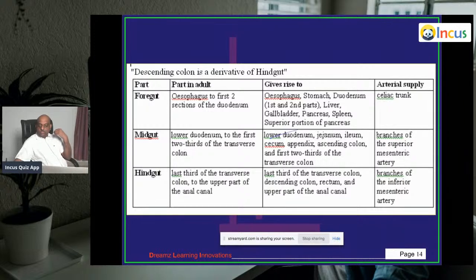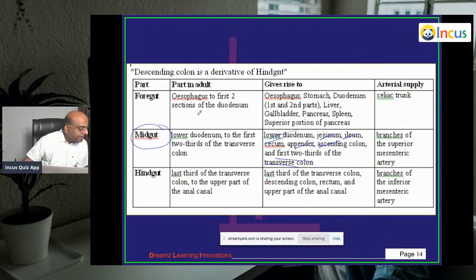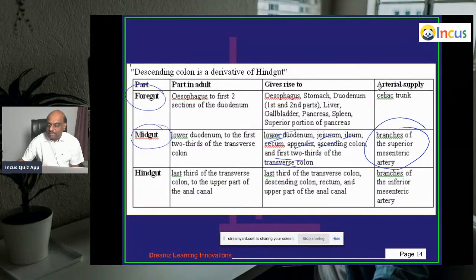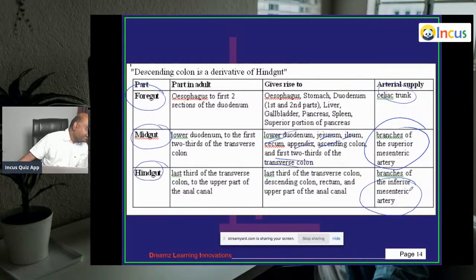So lower duodenum, jejunum, ileum, cecum, appendix, ascending colon, first 2/3 of transverse colon, that all comes under midgut. Midgut is supplied by the superior mesenteric artery. Foregut is supplied by the celiac trunk. Hindgut is supplied by the inferior mesenteric artery. Remember this properly.